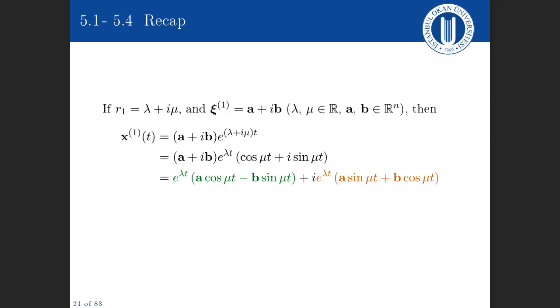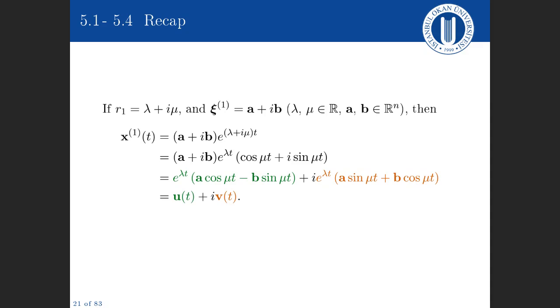Now these terms which I've colored are the functions that we're going to be using. The green terms I'm going to call the function u, and these orange terms I'm going to call the function v. What we've done is we've taken our solution x1 and written it as a real function plus i times a real function. Why are we doing this?